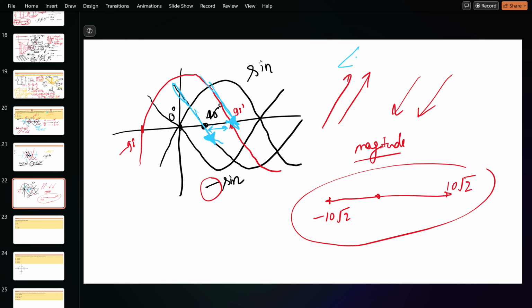So it will look like minus 45 degrees. But in magnitude terms, it will become 10 root 2 minus, because it was already referenced that it was positive 10 root 2. But with respect to cos, it is negative, inverted, and also time shifted in the negative direction, minus 45 degrees.